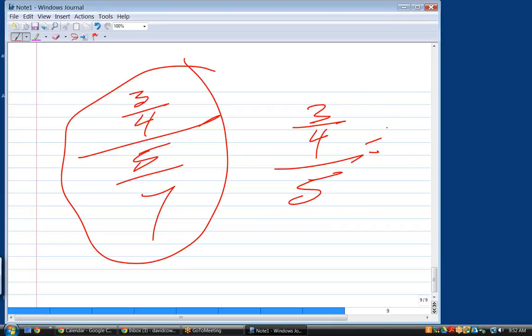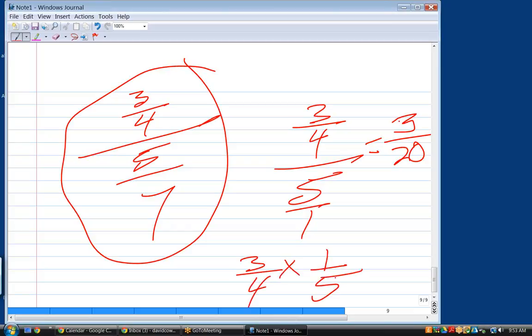Janet, you still there? Okay, you leave the top number the same, and the bottom number is just the product of these two. 20. Yeah, in other words, it's the same thing. If I put the 1 under there, then it's the same thing as doing 3/4 times 1/5, right?